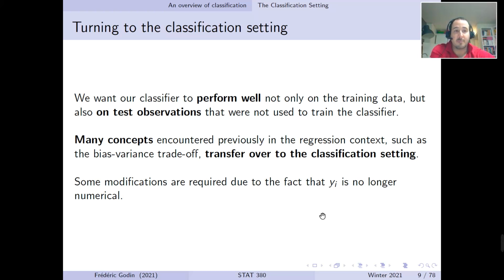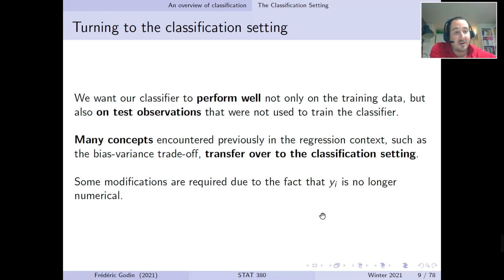If, for example, you have predictions with a very high variance, and here how we express variance is a bit different because the response is not numerical. We cannot say the variance of the prediction per se, but let's say the variability of our prediction.